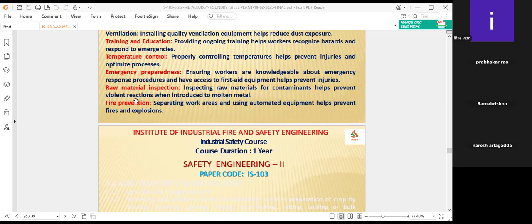We can take that also. Raw material inspection is also very important, because the ore which we take comes to the melting industries in the form of powder, crystals, or molds. Inspection of the raw materials for contaminants helps to prevent violent reactions when introduced to the molten metal.